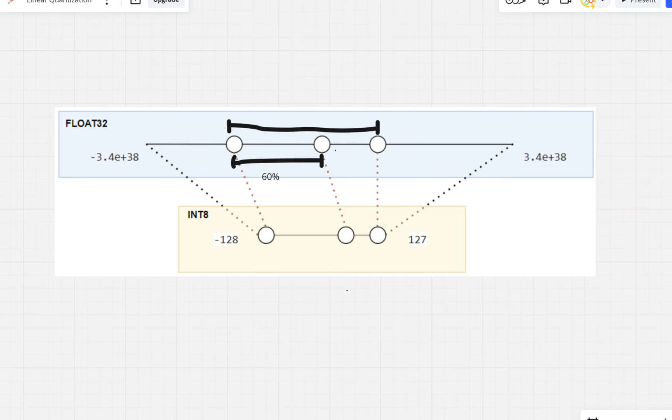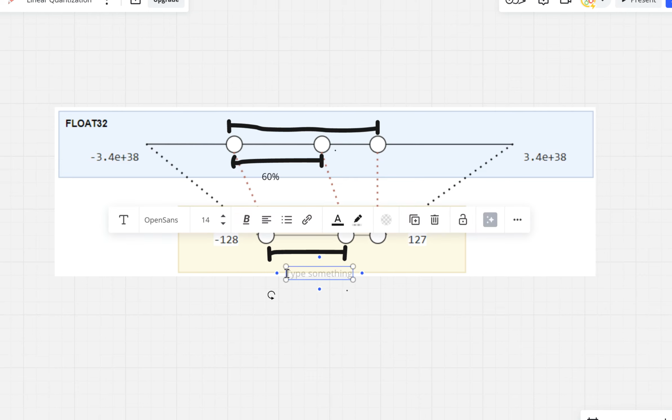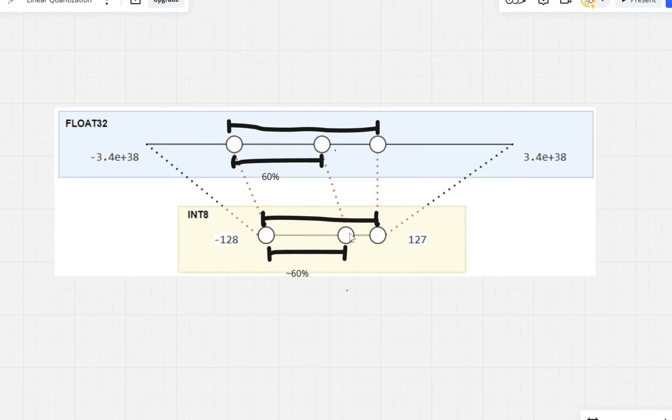Well, when we cast them down, they now have this distance, right? And this is the total range of all of these numbers right here. This is how far apart they are. It's literally 127 minus negative 128. And in this int8 domain, their distance should be approximately 60% of the range of values here.